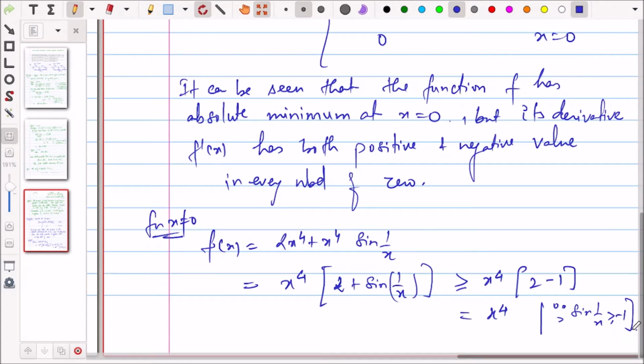The value of sine is between minus 1 and 1. So this is always positive, and you get 2 minus 1, which is 1, so this is greater than or equal to x to the power 4, which is greater than 0. In fact, x is non-zero, so this is strictly positive.